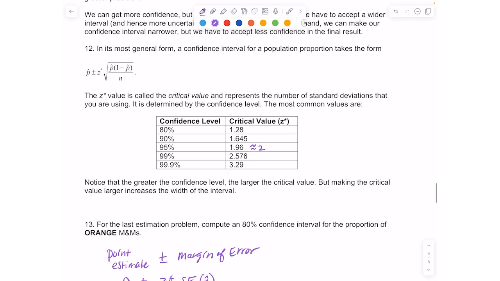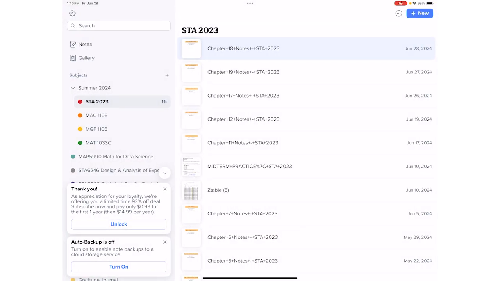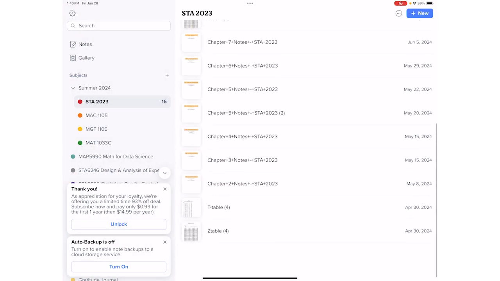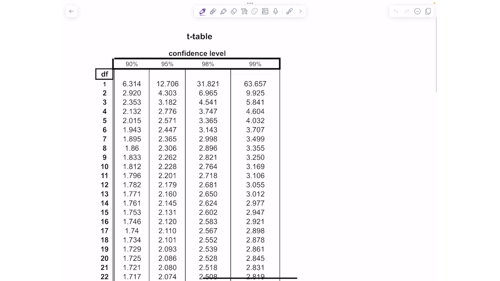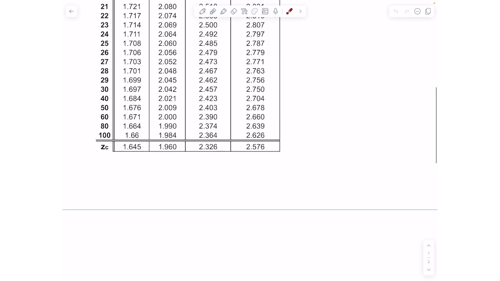And another place you can look, if you go into the T table that's in your notes, it's actually in the Canvas modules, if you go down to where the 95% is, all the way at the bottom, right here, there's your z critical. It's 1.960. Okay, but we don't worry about the zero, so just 1.96 will suffice.